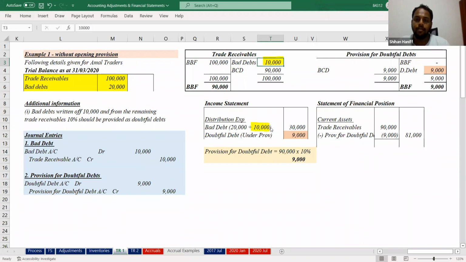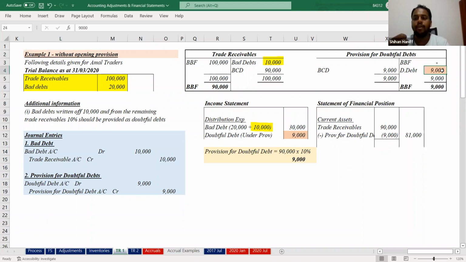It's a bad debt amount. Yes, you can write provision for doubtful debt. So how is doubtful debt under provision? Under provision means there is no opening balance, and the entire amount is new. That is why example 1 is without opening provision, and this is under provision.